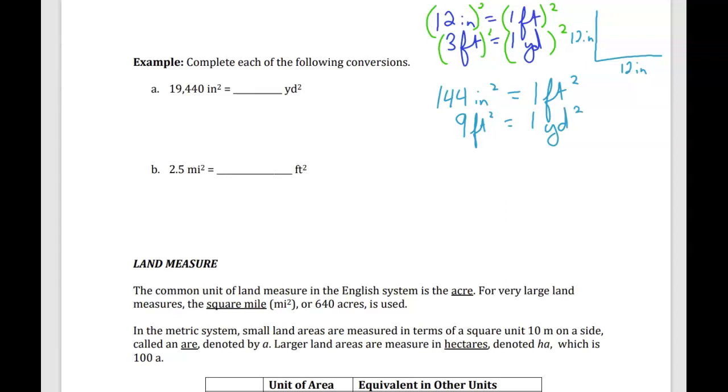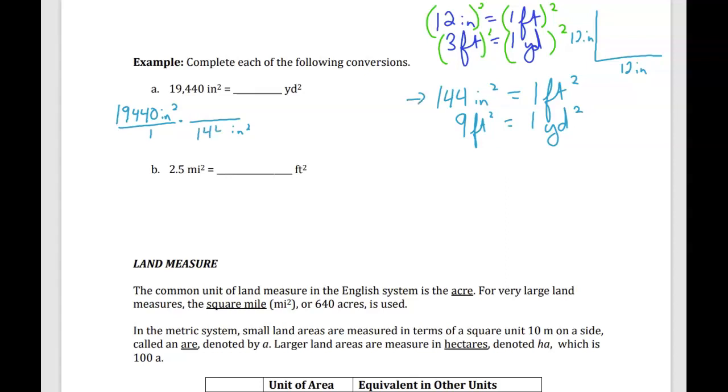And then we do our dimensional analysis. So I start out with my 19,440 inches squared. Remember, that's over 1. And I want to get rid of my inches squared. So I look here and I find where I have inches squared.